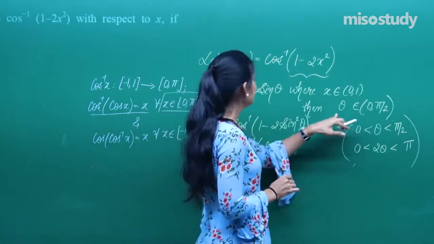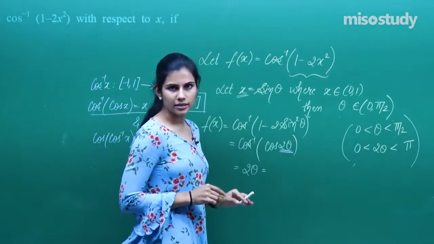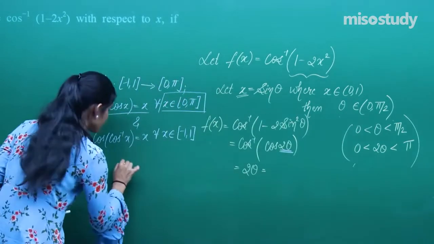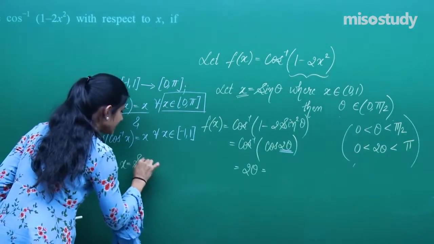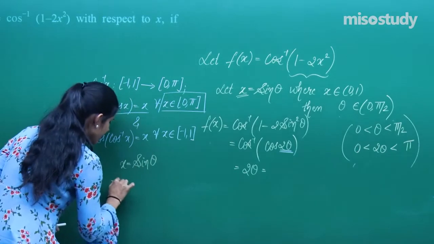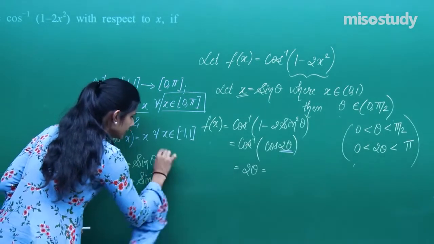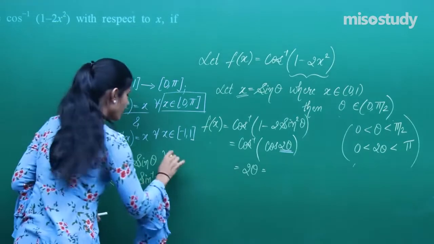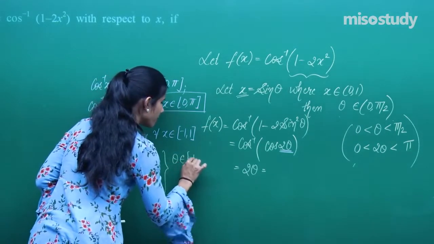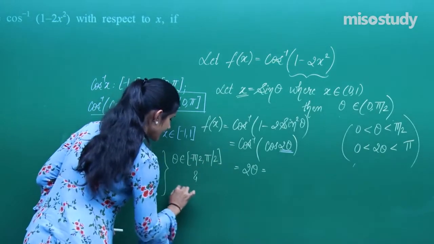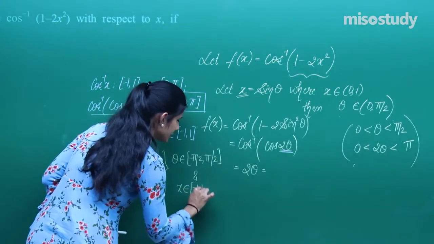Also, if x is sine theta, can I write theta is sine inverse x? Let me tell this to you. x is sine theta if and only if theta is sine inverse x. This is only true when theta is coming from the closed interval minus pi by 2 to pi by 2 and x is coming from the closed interval minus 1, 1.